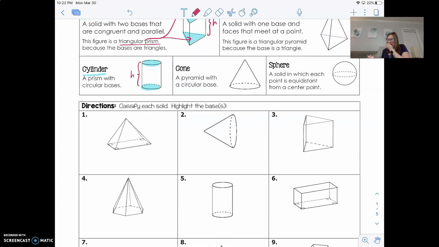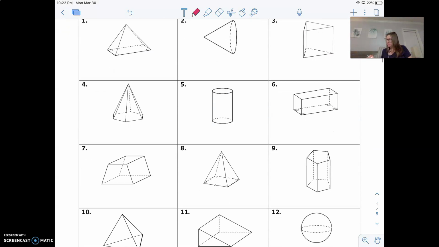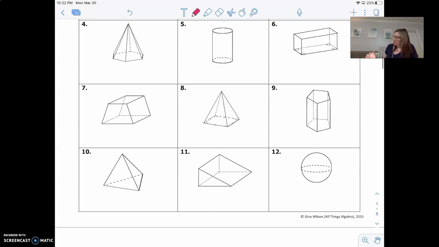All right. I want you to skip down to number 7 here. Really make sure you understand that one. In order to name this type of prism, you need to figure out what the bases are. A common mistake is saying this is the base. Nope, that is not the base.